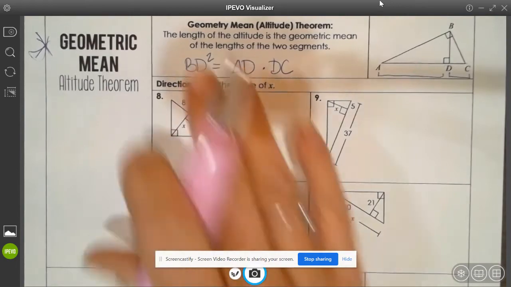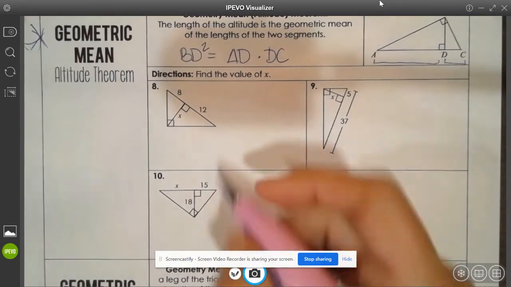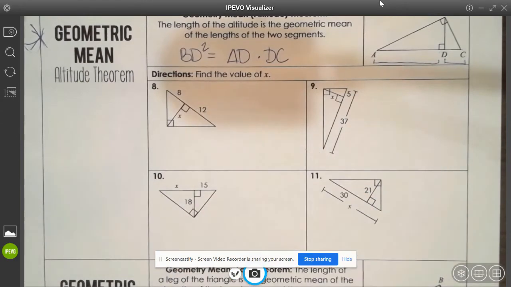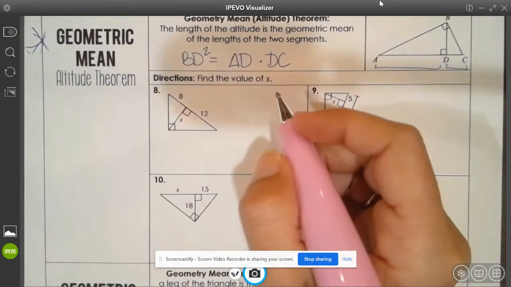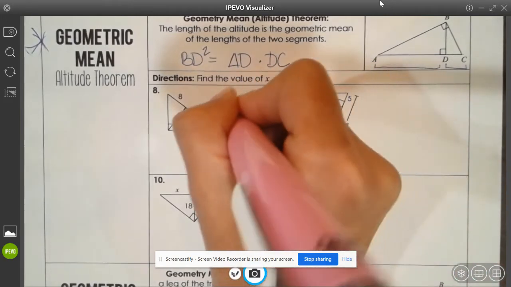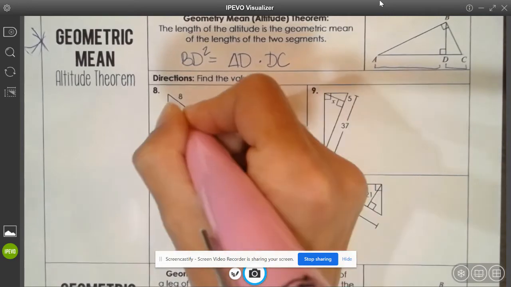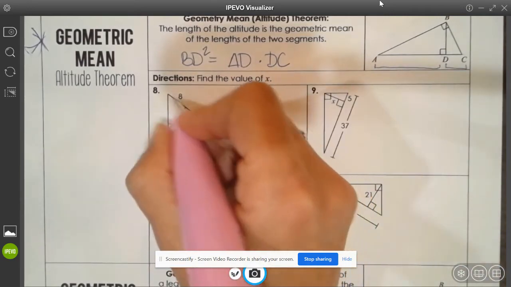So they're giving you the formula here. It says directions, find the value of x. Here you are looking for the altitude. Because the formula says that, x squared equals AD, so this piece times this piece.